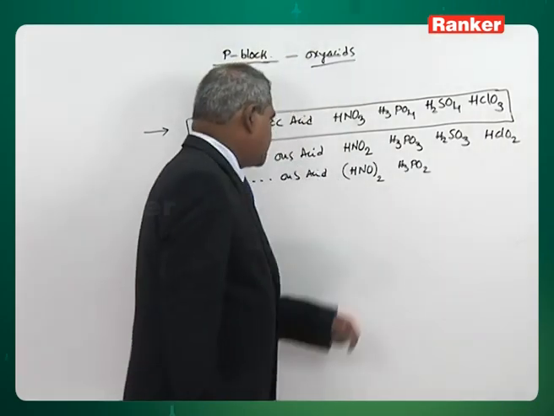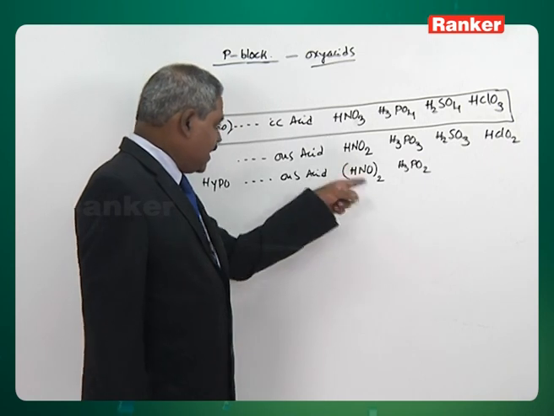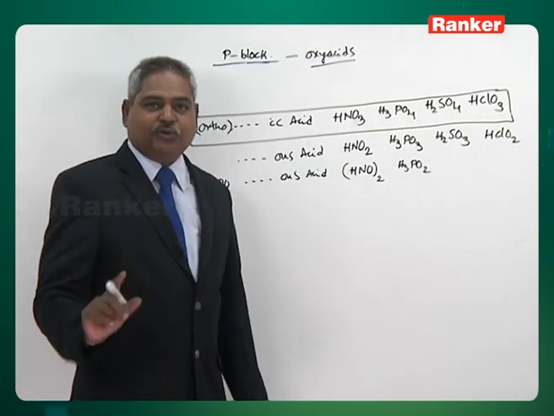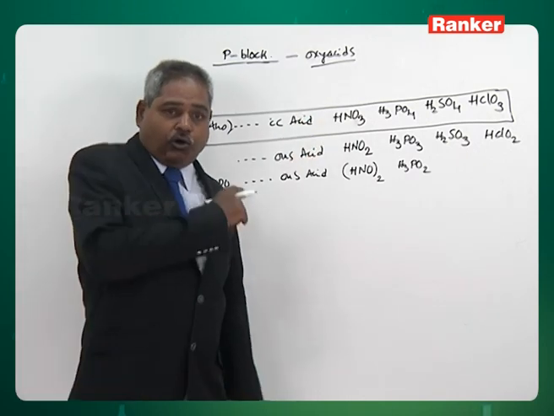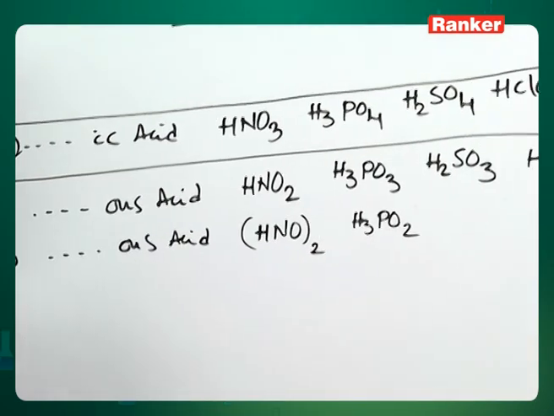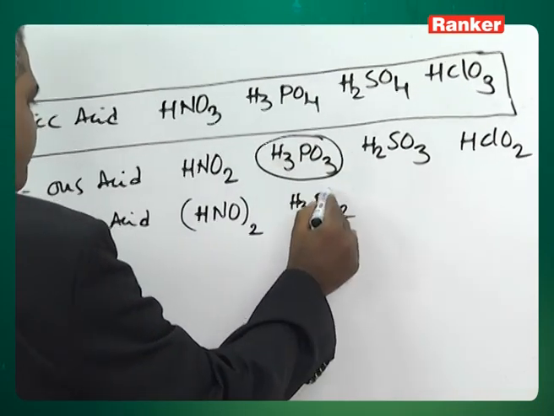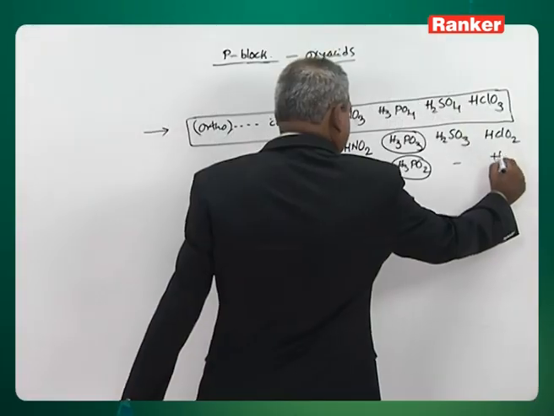Why is this twice? Because hyponitrous acid, HNO, exists as a dimer only. So slowly we are heading towards dimers. The next list will be all molecules that will exist as dimers, trimers and polymers. You round off these two, H3PO3, H3PO2, and you put a dash here, HClO.